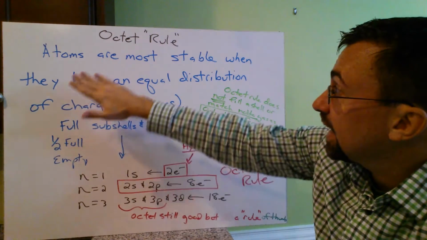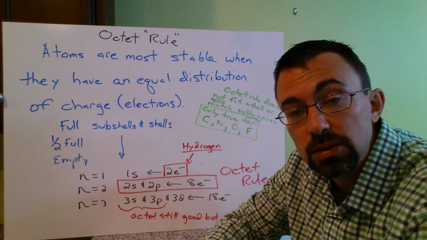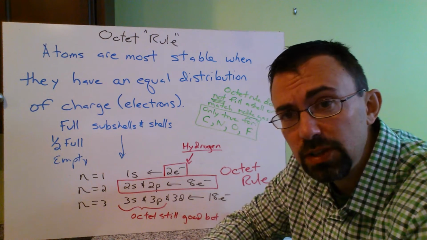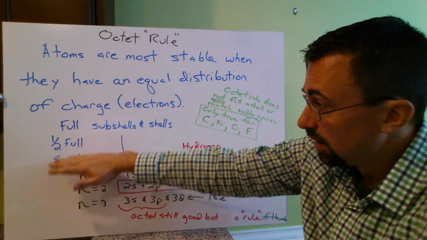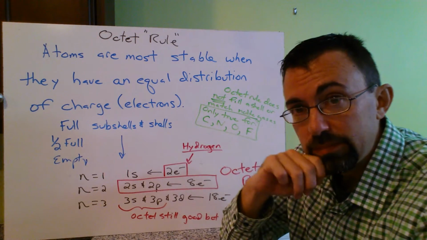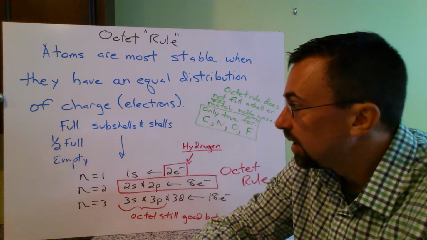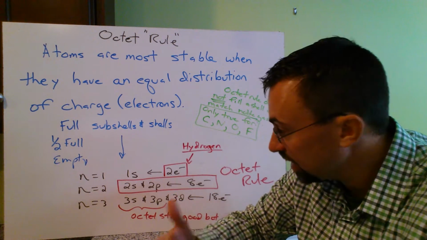What's really going on is atoms are stable when they have an equal distribution of charge or an equal distribution of their electron probability clouds. This truly only happens when all the shells and subshells are completely full, half full, or empty. Those are the states we're looking for. Full and empty are a little bit better than half full, but half full also represents a stable point.